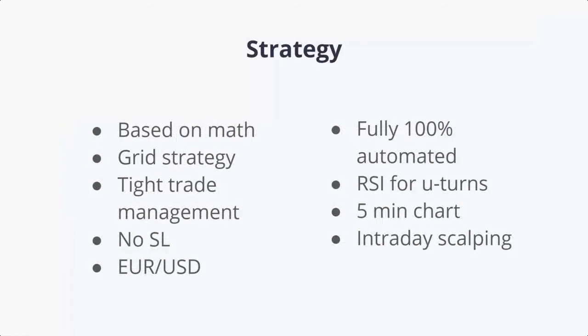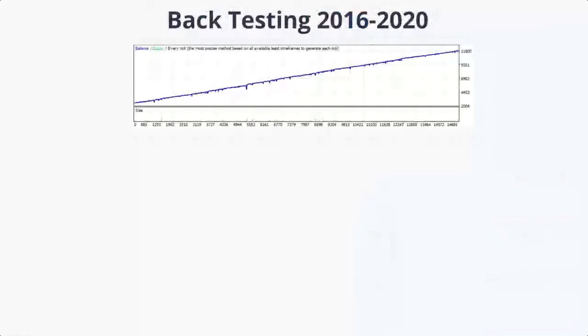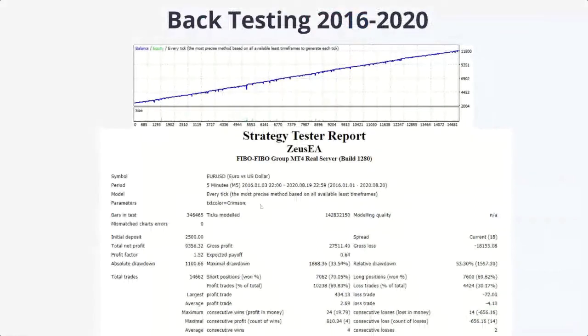Maybe I can explain a little bit more first about the backtesting then. This was that backtesting with an initial deposit of 2,500 rather than 10,000. This is new info. And you can see that the equity curve in all cases, live trading and backtesting, is very, very steady.